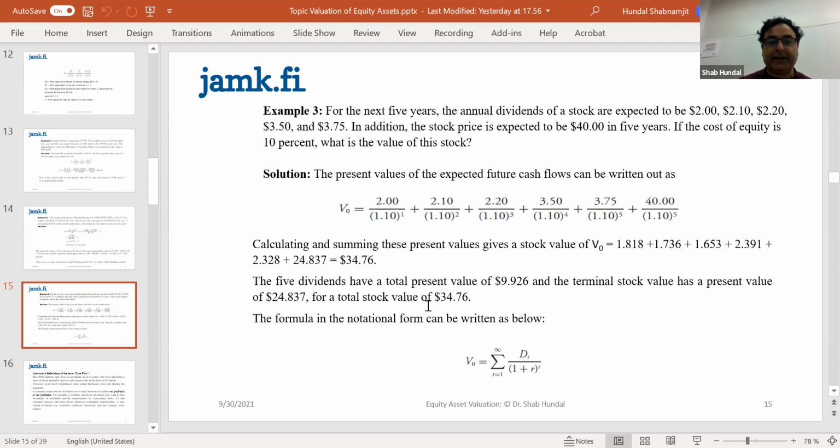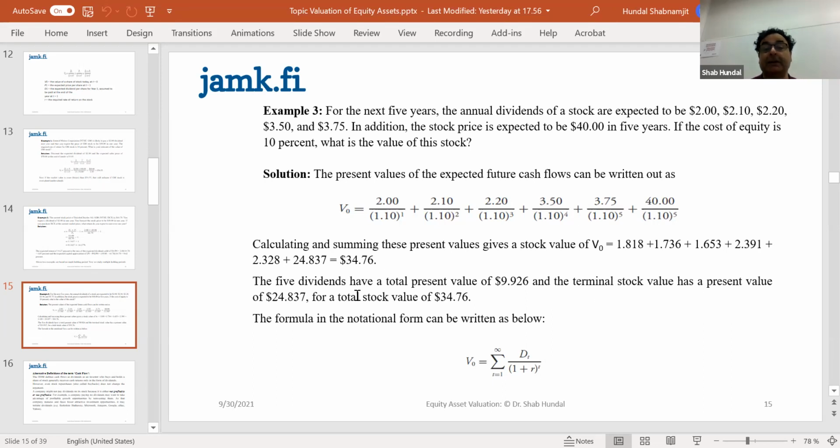The 5 dividends have a total value, but if you only calculate this much, look at where the cursor is moving, ignore this last figure. Then the present value of all the future dividend cash stream would be 9.926. And the stock value alone would be 24.837.